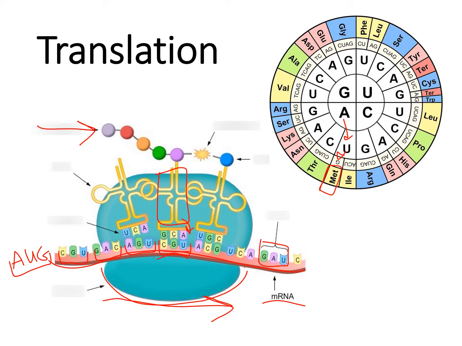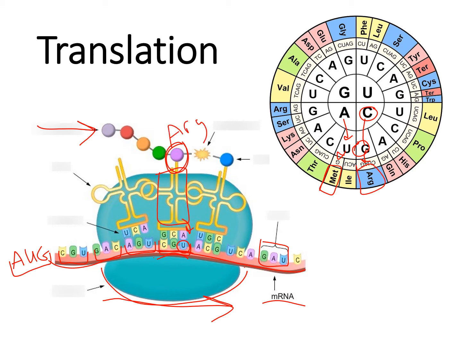So complementary base pairing, and remember, RNA has U, no thymine. So that tRNA would be attached to the appropriate amino acid. And to know which amino acid is attached to the tRNA, you need to look at the codon. So CGU, that's arginine. So this would have been an arginine.